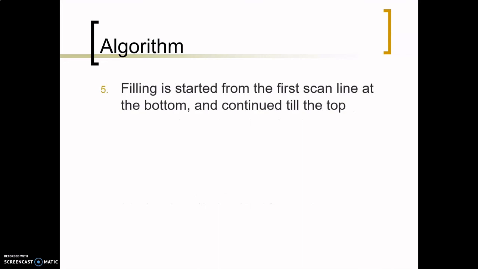The next step is that filling starts from the first scan line at the bottom and continues till the top. That is, the scan line scans the polygon from the bottom and continues till it reaches the top of the polygon.